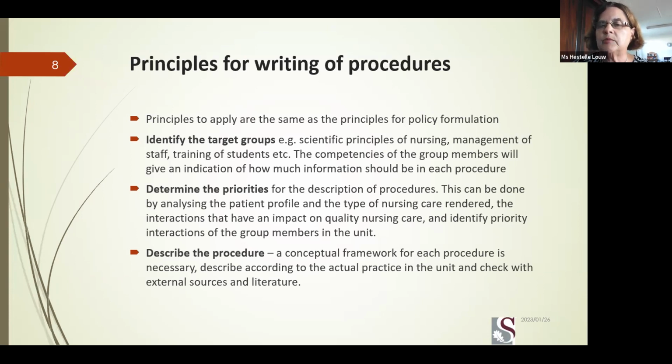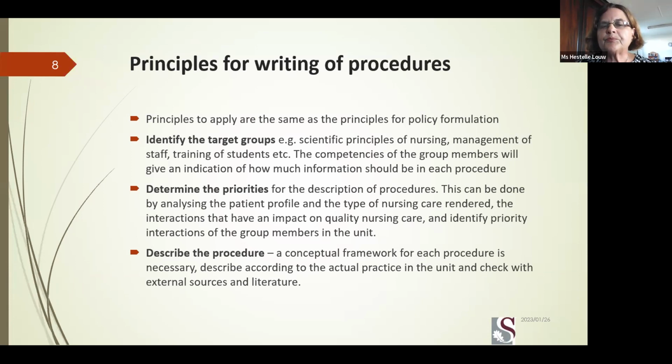You must take the other people into consideration as well. But if it's a group whose competencies are on an equal level, then you get a very good idea of how much information you have to put into the SOP. Because sometimes it's very irritating for people to get all the little detail in the SOP when their competence is on a higher level. They think on a higher level, and they're the only group working with that SOP.